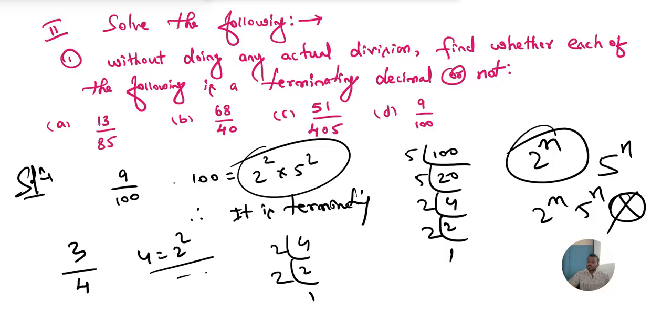Sir, why only 2 power m if there is no 5 power n? See here, if nothing is there, it means we can write 5 power 0. What is 5 power 0? It is 1. 1 into 2 power m is 2 power m only. Anything to the power 0 is 1, and 1 multiplied by anything is the same number. 5 power n into 1 is 5 power n only. So if only 2 is coming in your question, it is terminating. If only 5 is coming, that also is terminating. 2 and 5 both, terminating. Apart from these two, any other number is non-terminating.